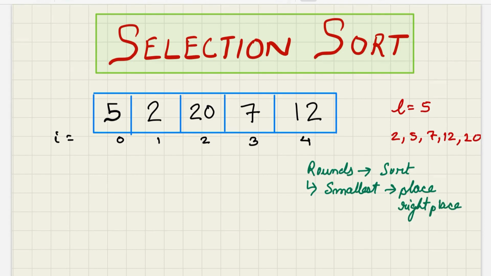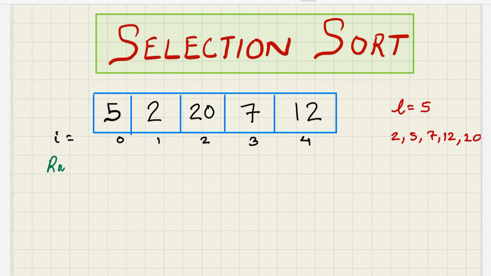Right place means, let's say this is the 2, so I need to place my 2 in my first index. In each round, I will calculate the smallest element and then swap it with the required element in order to get my sorted array. So this is the actual algorithm that I will be explaining.